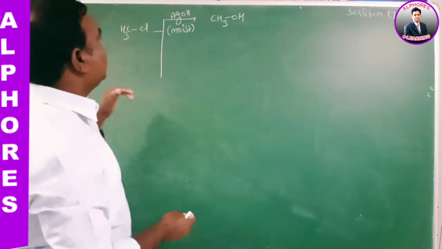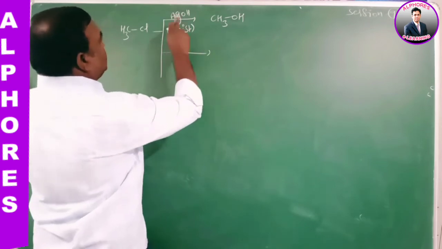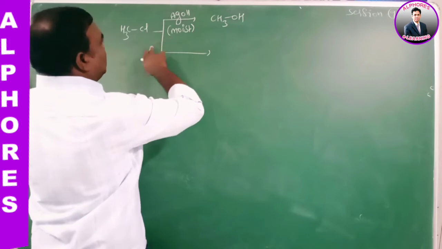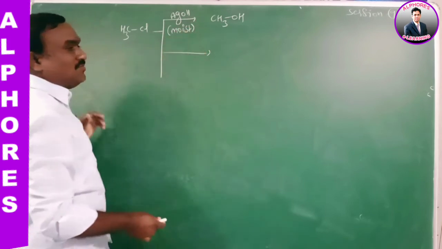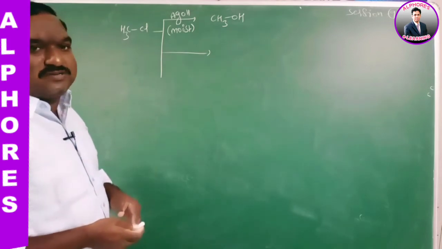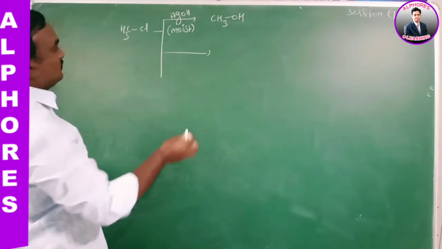Wherever moist silver oxide is given, in the presence of moisture the compound converts into silver hydroxide, so we will get a hydroxy compound. Wherever dry silver oxide, Ag2O, is given, remember dry conditions are given, and alkyl halides form ethers. Here, two moles of alkyl halide are required.